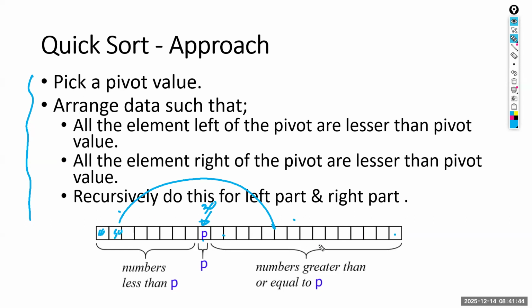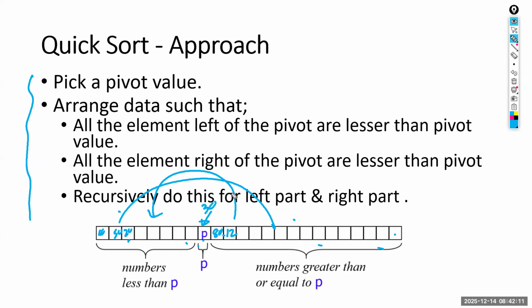You don't care where it is, it must be on the right side of 30. And if this is 20, you just keep it. And this side is the same. Say this is 80. It is already bigger than 30, so that is fine. But if it is something like 12, this is smaller, so it should not be on the right side of 30. It must go to the left side of 30.